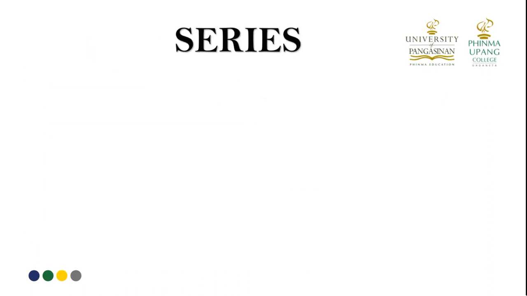Let's move on to the second one, the series. When we see series, this is the sum of a sequence. Kanina, ang pinag-uusapan natin is sequence. So, yung 3, 5, 7, 9, if you're going to add them, ang tawag sa kanya ngayon is series. That's why the definition of series is the sum of a sequence.